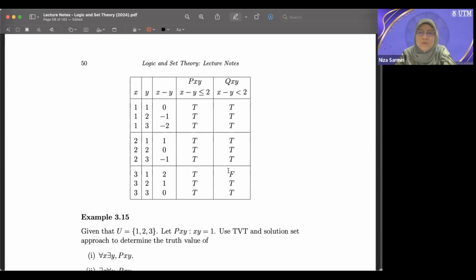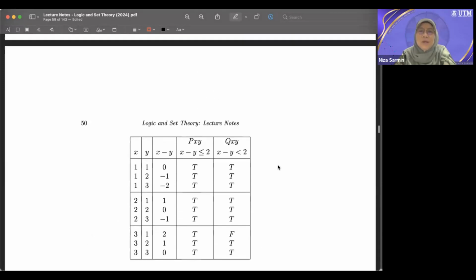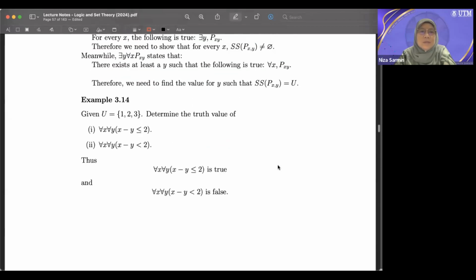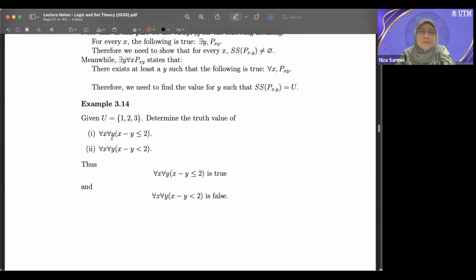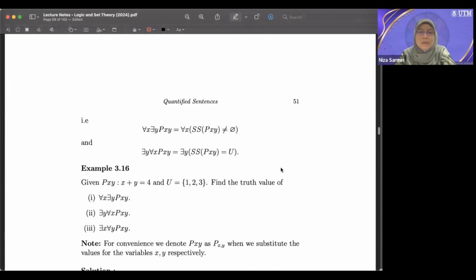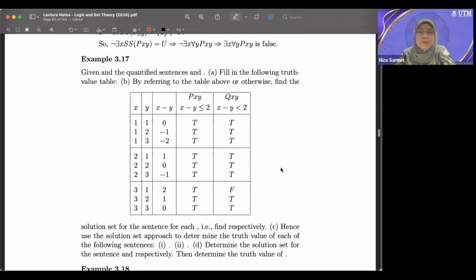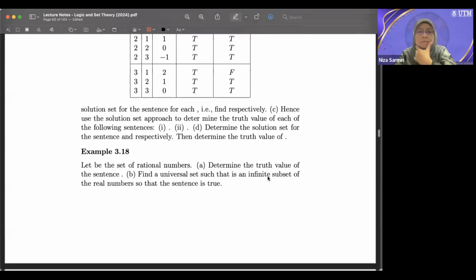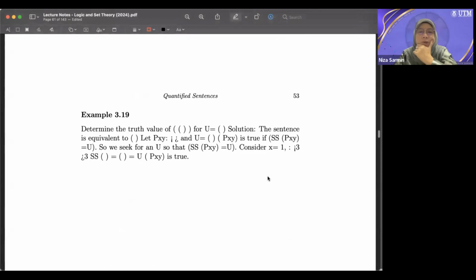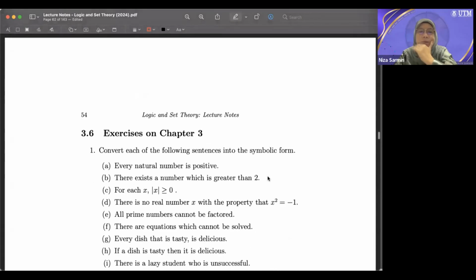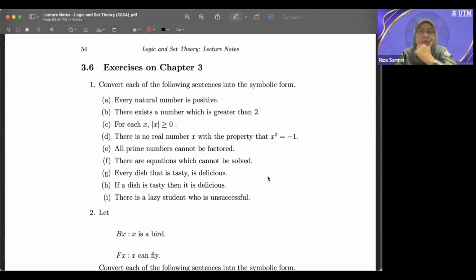But if there is one false, so it's not true for all X, for all Y, only one. This means all have to be true, right? And the other one is this one. The same thing, right? This is true, there's one false.